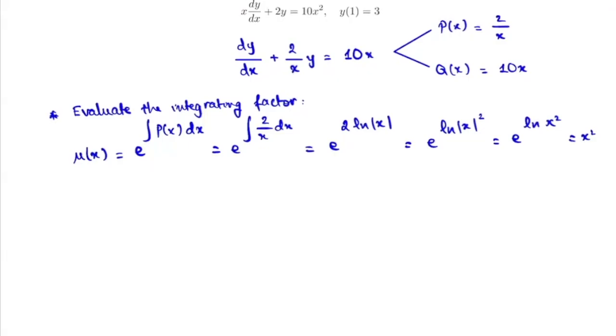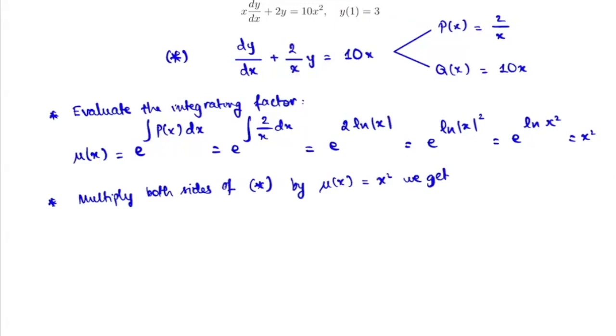Now you multiply both sides of the differential equation by the integrating factor. Multiply both sides of the star equation by mu of x equal to x squared. We get that x squared times dy/dx plus x squared times 2 over x times y equal to 10 times x cubed. Okay.